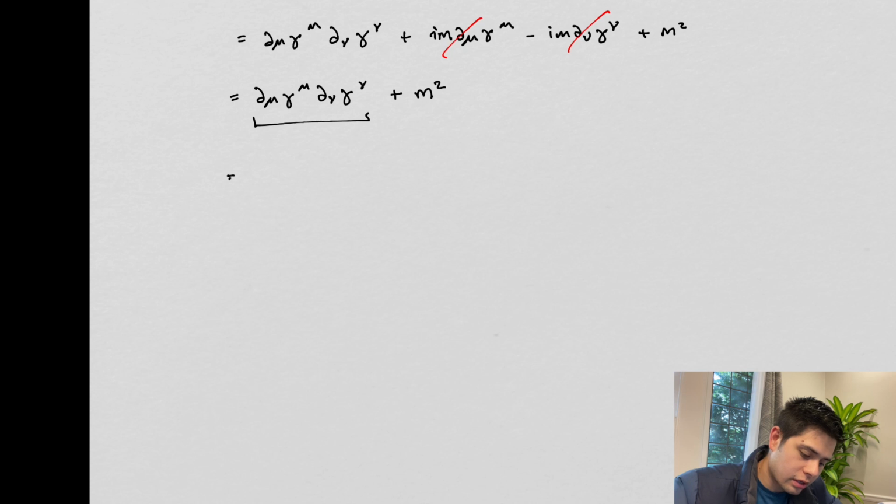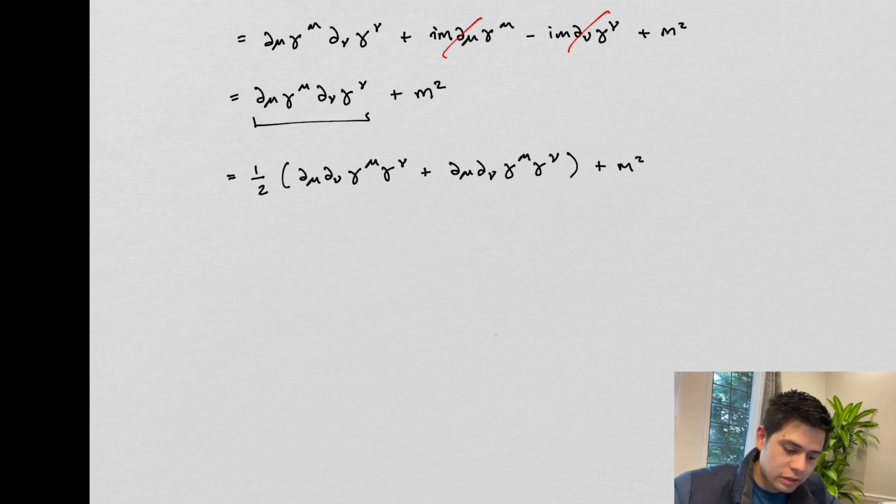We can rewrite this as 1/2 d_mu d_nu gamma^mu gamma^nu plus d_mu d_nu gamma^nu gamma^mu, and plus m squared.